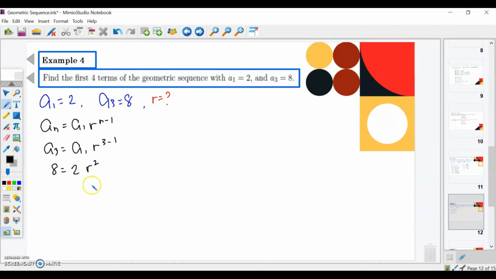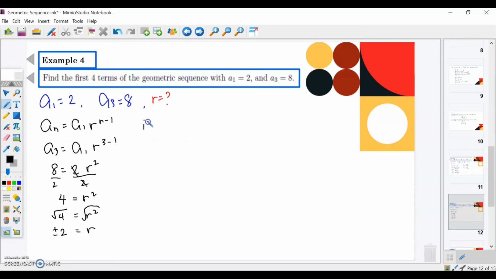Simplifying this equation by solving for the value of r, divide both sides by 2. So cancel 2. r squared is equal to 4. Extracting the square root of both sides, we have the square root of r squared is equal to the square root of 4. This is equal to, r is equal to plus or minus 2. So we have two values for the common ratio.